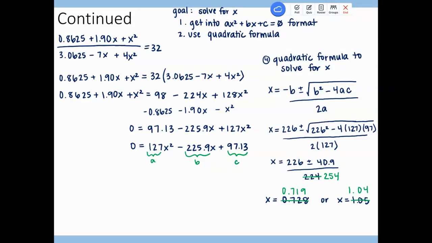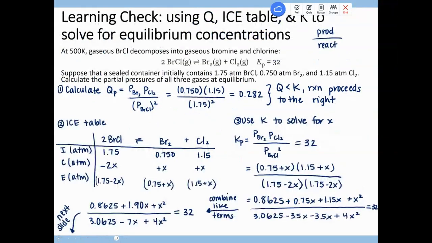So we have 2 options for x, and we need to look back to the ICE table and think about which one of these would make sense, would apply. We're going to look at this one first. The 1.04. Let's say x is equal to 1.04. Going back to the ICE table, if we had x as 1.04 here, then 2x would be 2.08.